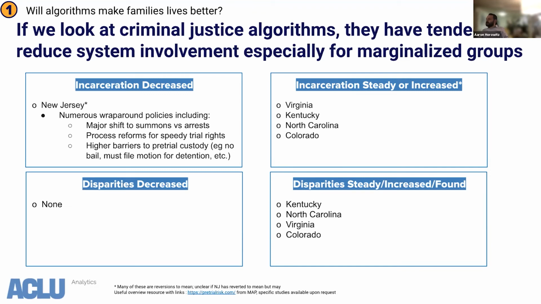There were substantial process reforms to improve speedy trial rates, and there were higher barriers to pretrial custody. So when they looked at those algorithms, they specifically prevented pretrial incarceration for whole classes of folks.